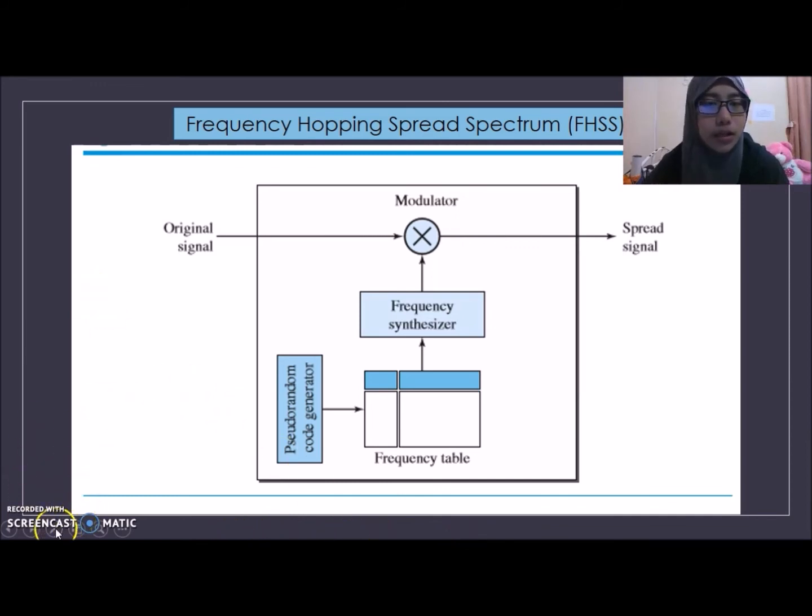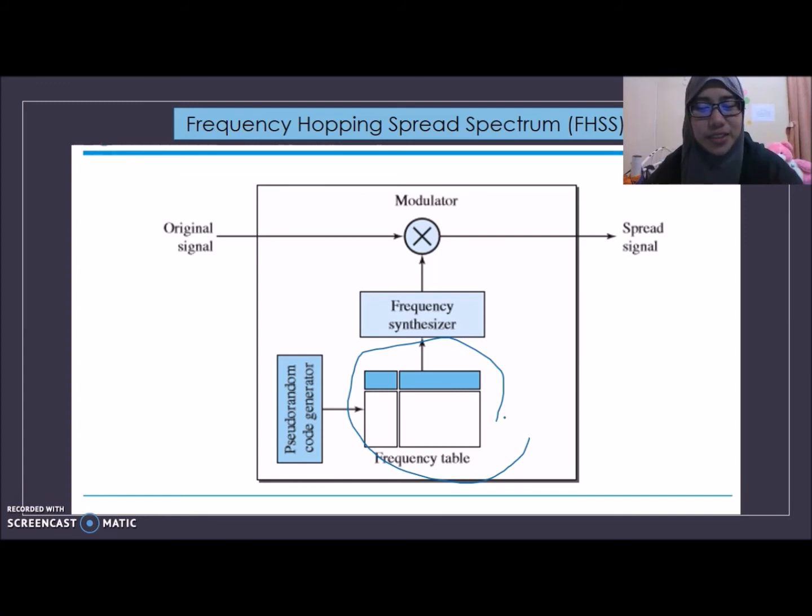In this example, a pseudo-random code generator, which is called pseudo-random noise, or PN, creates a k-bit pattern for every hopping period, and the frequency table uses the pattern to find the frequency which will be used for this hopping period, and passes it to the frequency synthesizer.